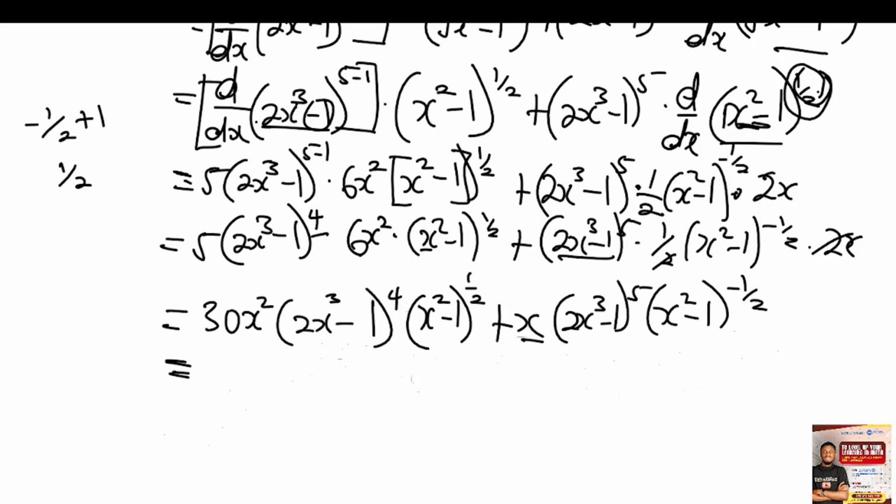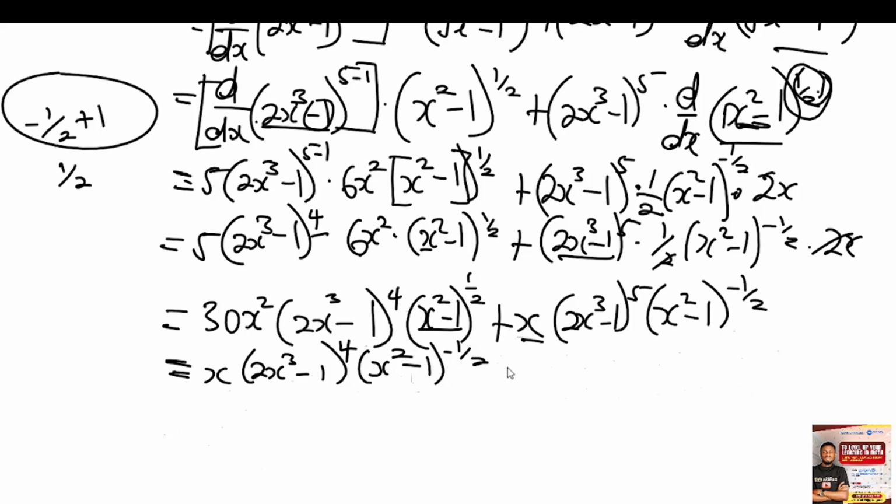Okay, so now what we do is that we bring our like terms out. In that case, we are going to have x times (2x³ minus 1) exponent 4, so we bring the one with the least exponent out, times (x² minus 1) exponent negative 1 on 2, as we have already stated. Then we bring the unlike terms in. So we are going to have (2x³ minus 1).